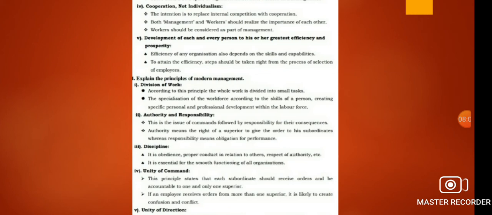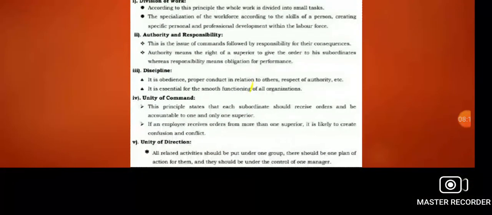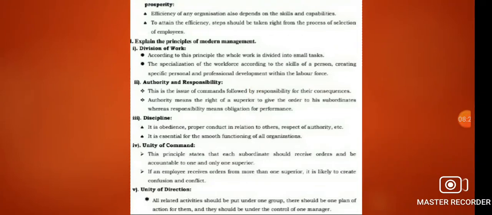Then unity of command. This principle states that each subordinate should receive orders and be accountable to one and only one superior. The next one, unity of direction. All related activities should be put under one group. There should be one plan of action for them, and they should be under the control of one manager.